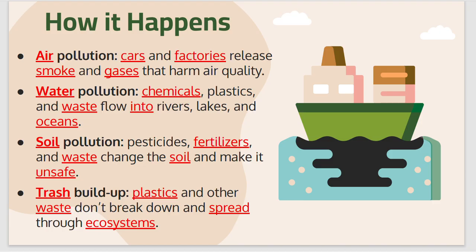And not only does it trap heat, but it can harm our air quality as well, making it unsafe to breathe the air. Then we have water pollution. This is when chemicals, plastics, or waste are thrown or flow into rivers, lakes, and oceans.